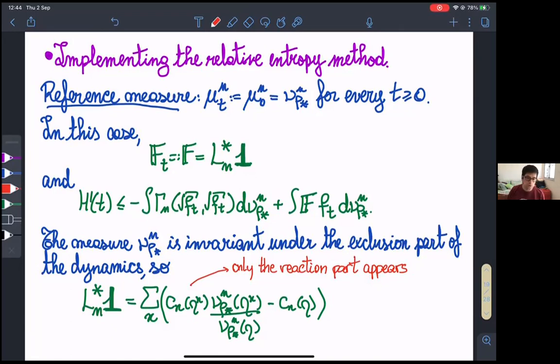And then, well, you do some computations, no? You put some test functions and you discover, by duality, that the L star of 1 is equal to this sum here. Okay, so notice that this is an explicit formula because the function nu rho star is explicit, the rate functions c_x are explicit, so you can just go on and compute it.